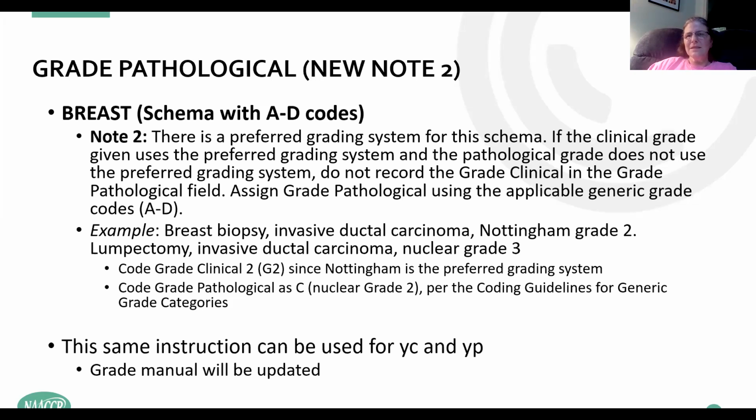Most of the SSDIs will have a note about neoadjuvant therapy. We're still trying to figure out all the neoadjuvant therapy and how it affects things. But in general for SSDIs, if you have information prior to neoadjuvant therapy, that takes priority. However, if the only information you have is after neoadjuvant therapy, then you can use that.